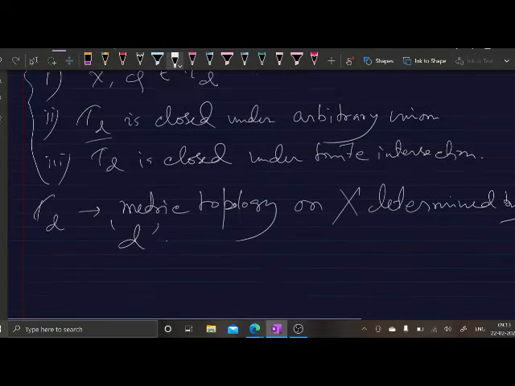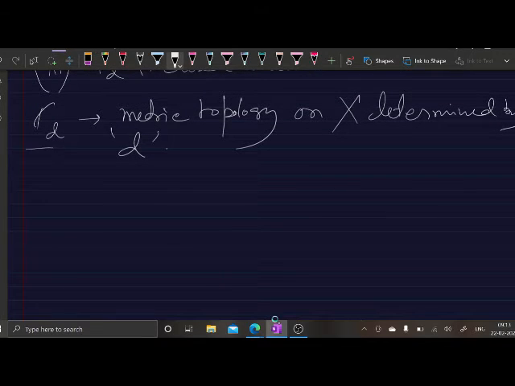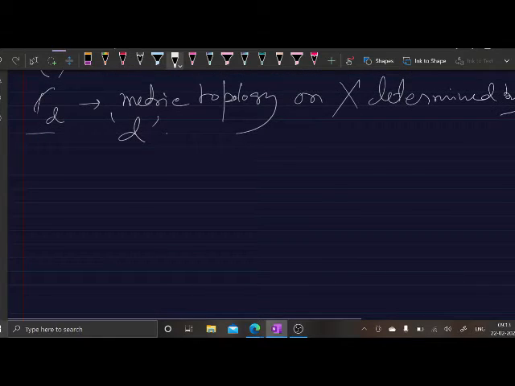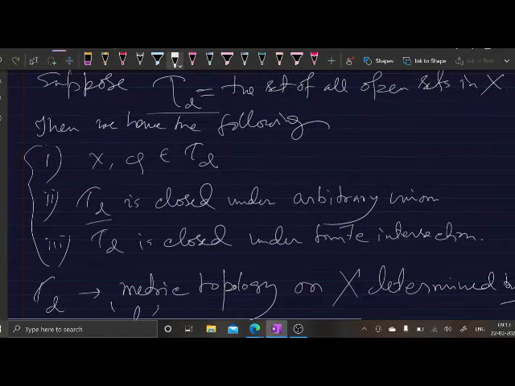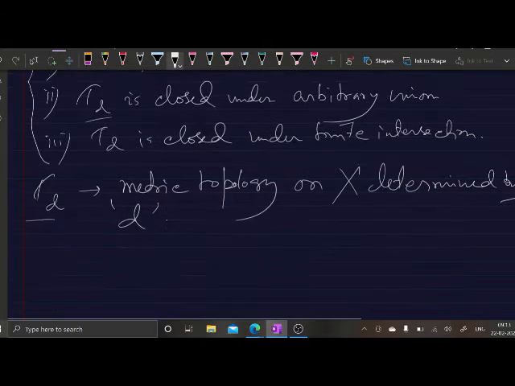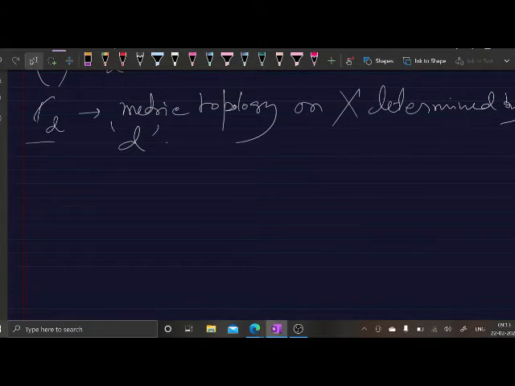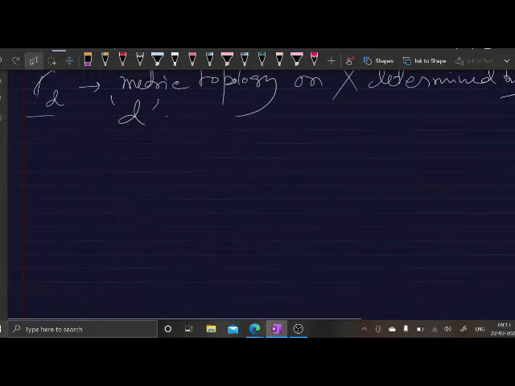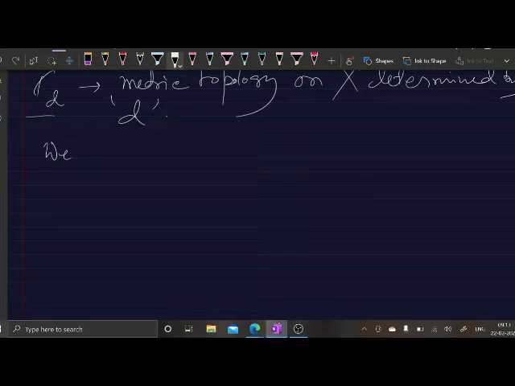Now our aim is to make these 3 properties into 3 axioms on a set, so that we can have more such families of collections of subsets of X which will have these 3 properties.